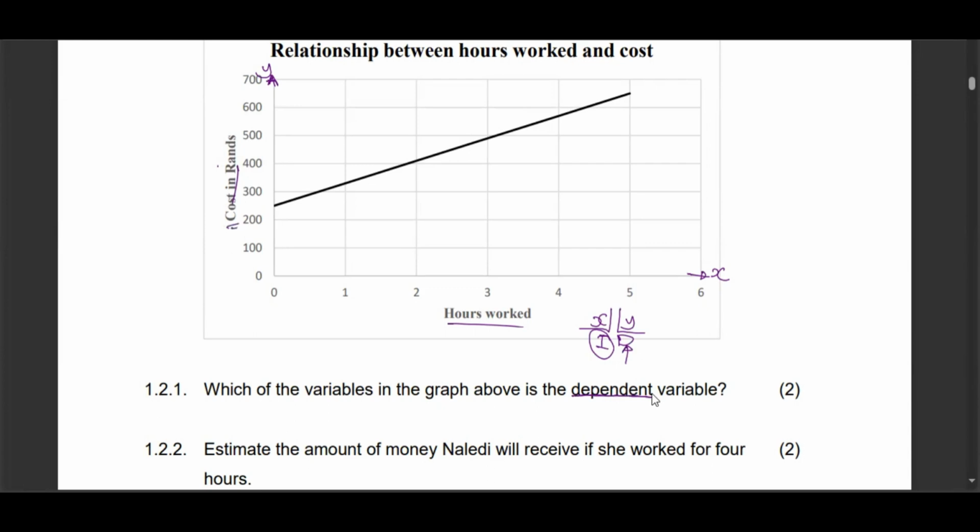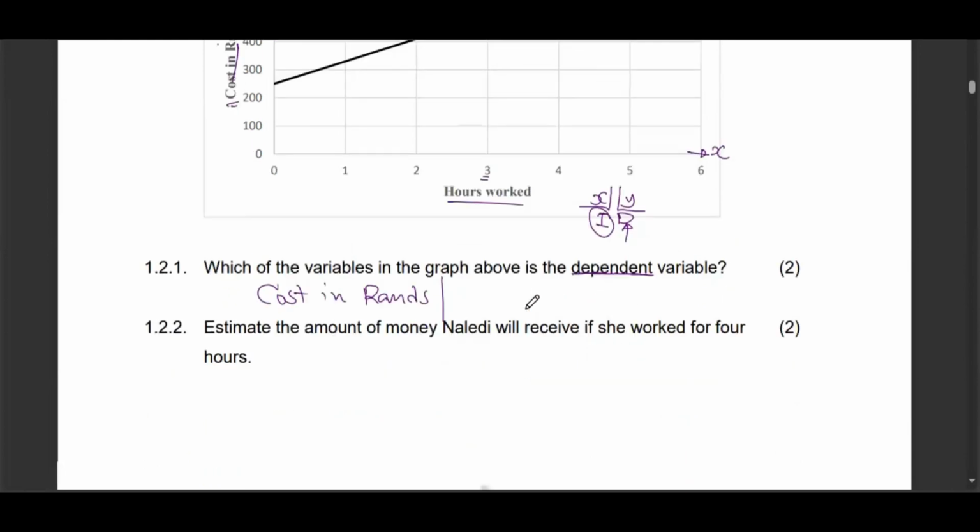We have cost in rands. The other way to understand it: for someone to get the money, it has to depend on the hours worked. So the cost here will depend on the hours worked. That's another way of understanding it. If it was independent, we would have taken hours worked.